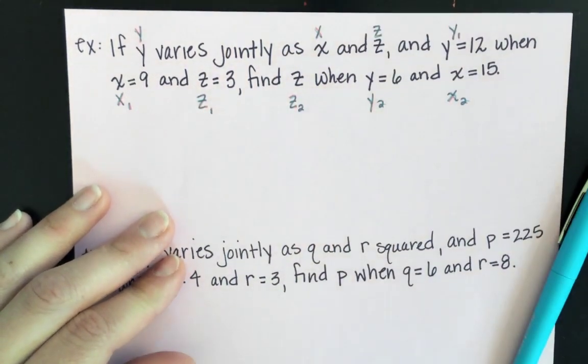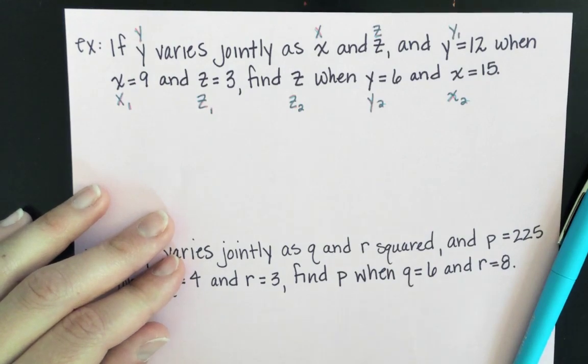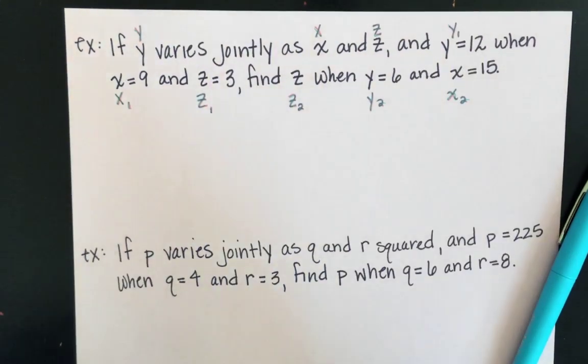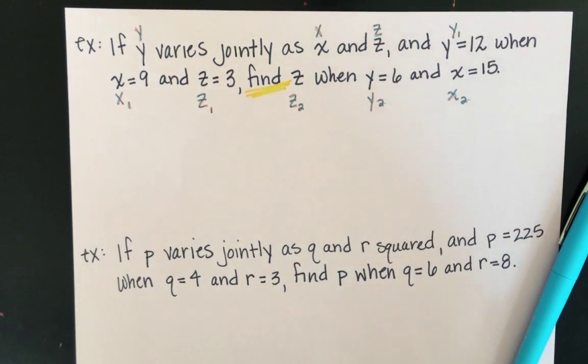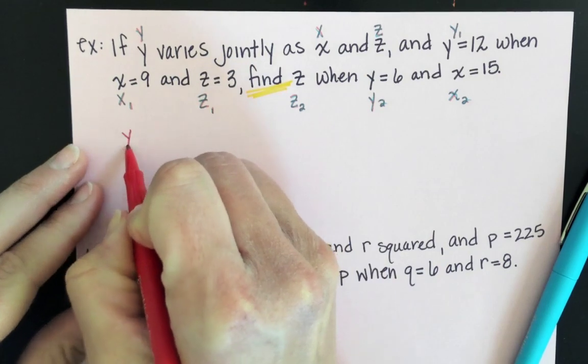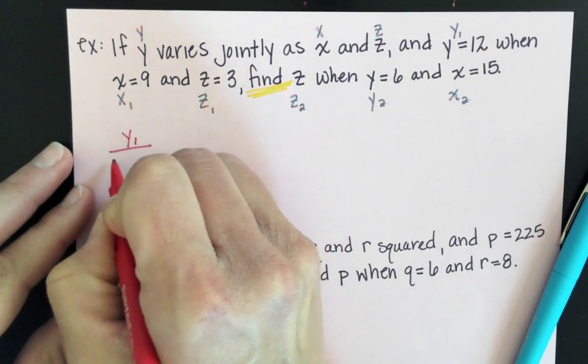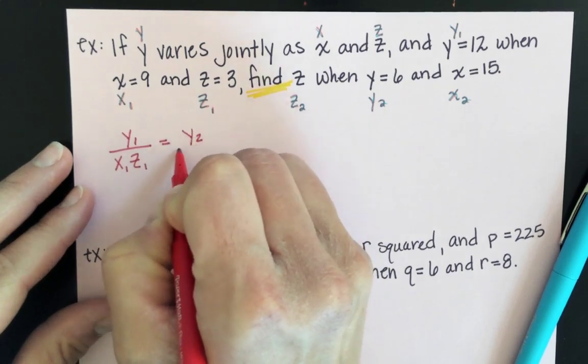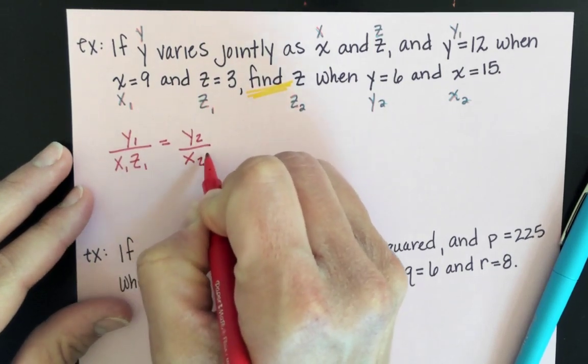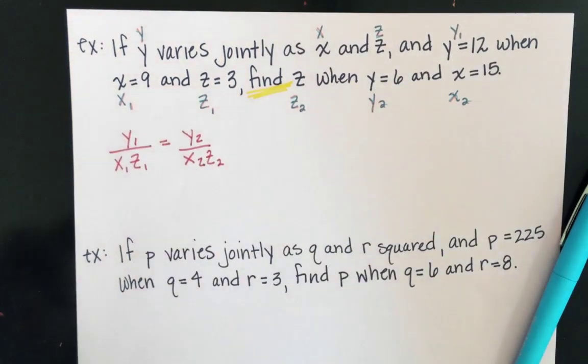I noticed that my hypothesis, again, was finished, so now my conclusion, find, is in there. We're going to write out our formula, y1 over x1, z1, y2, x2, z2.